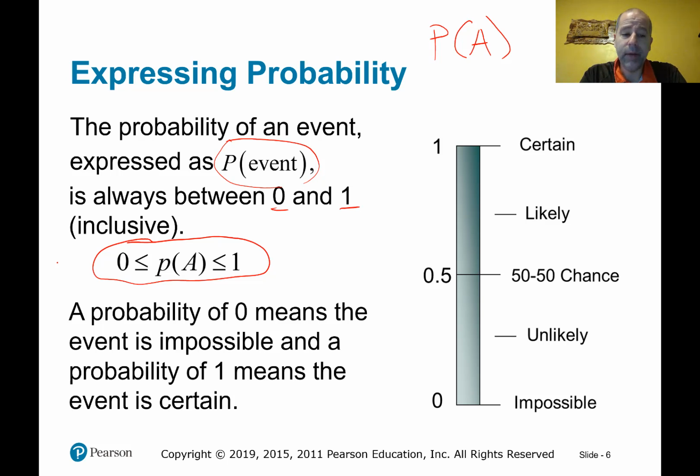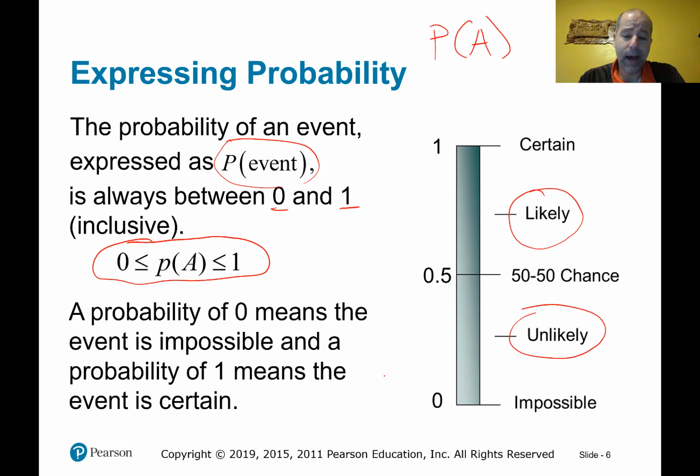A probability of 0 means that it is impossible to happen. A probability of 1 means it is certain to happen. It has to happen. Anything between 0.5 and 1 we say is likely to happen, and anything between 0 and 0.5 we would say is unlikely to happen.